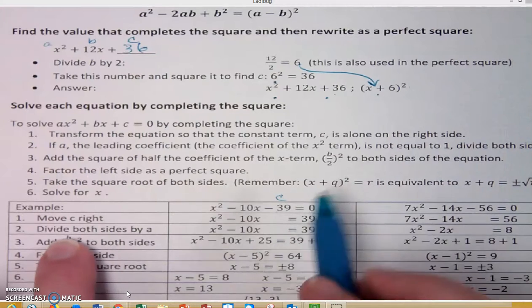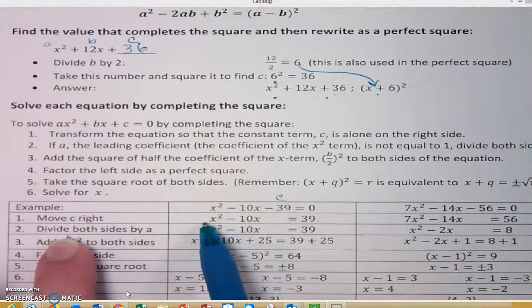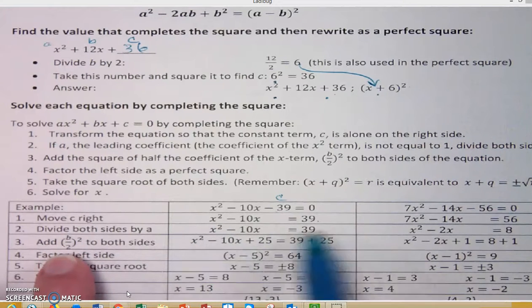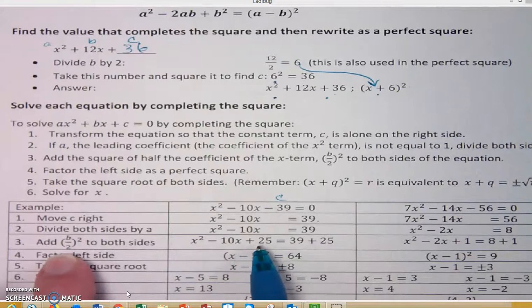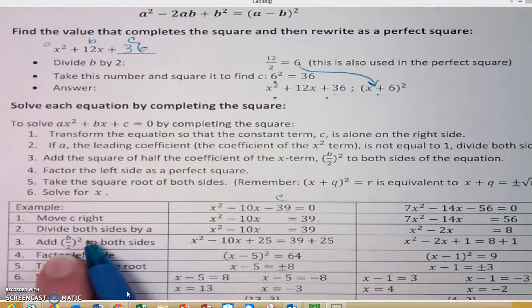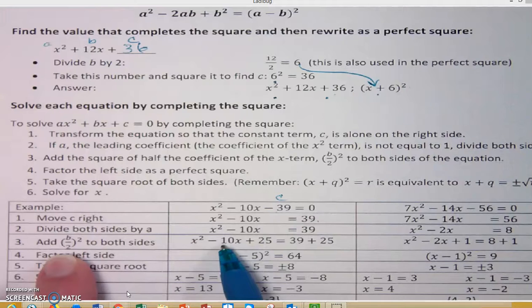My next step is, if you have a coefficient for a number here besides 1, then you're going to divide the whole thing by a. We don't for this, so we're just going to skip that step. We'll do the next example after this to show you how to do that. So now we need to add b divided by 2 squared to both sides. Our b is negative 10.